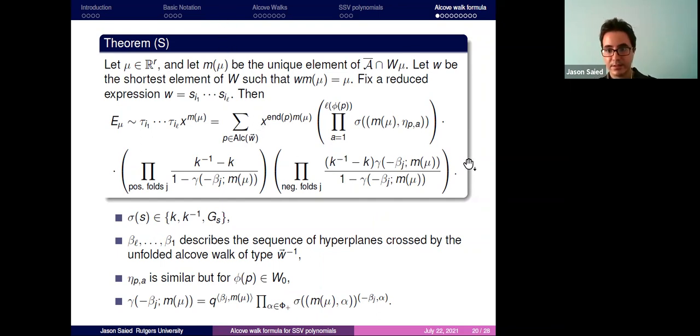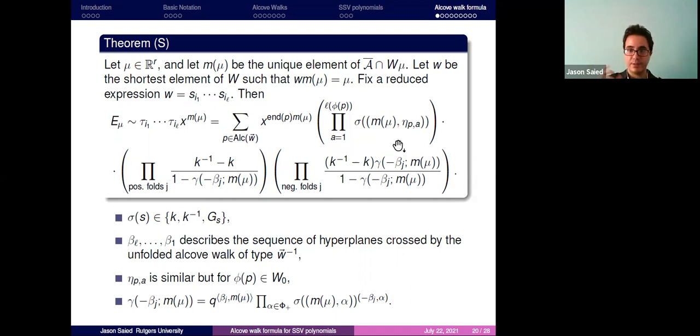And so this formula looks a little gross, but all the pieces can actually be understood very nicely and explicitly. So first of all, it's a sum over all Alcove walks of type W. These powers, like I said before, they all come from applying the endpoint of some Alcove walk to this one fixed power m of mu. And this is the same one in the fundamental Alcove. Then we have some product of these sigma functions. So you might recall that sigma is always k, k inverse, or g.